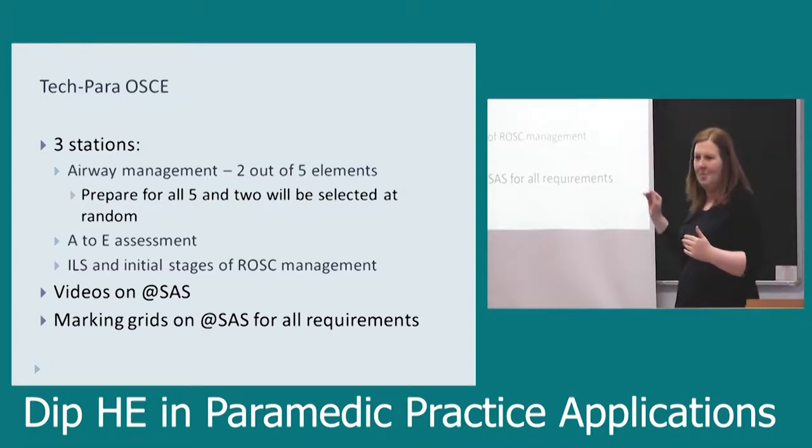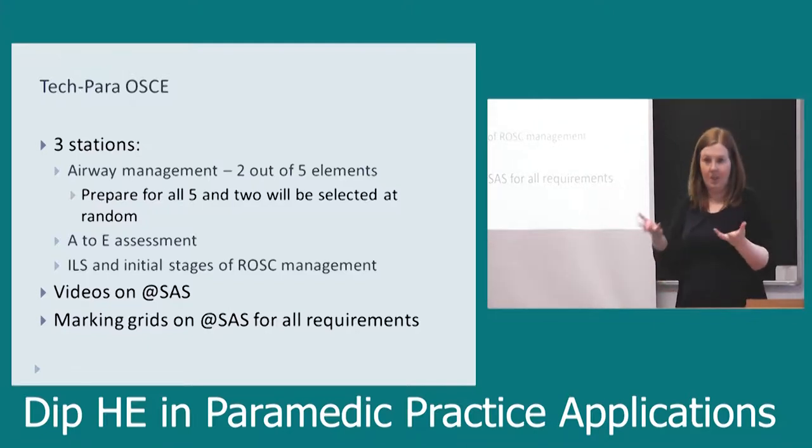They give information on each of these, but for now we do have the check sheets that you can start using. So the airway management, there are 5 separate skills and 2 of those will be selected at random on the day. So you might be asked to insert an OPA and to manage a noisy airway. These are just the types of things we would do.